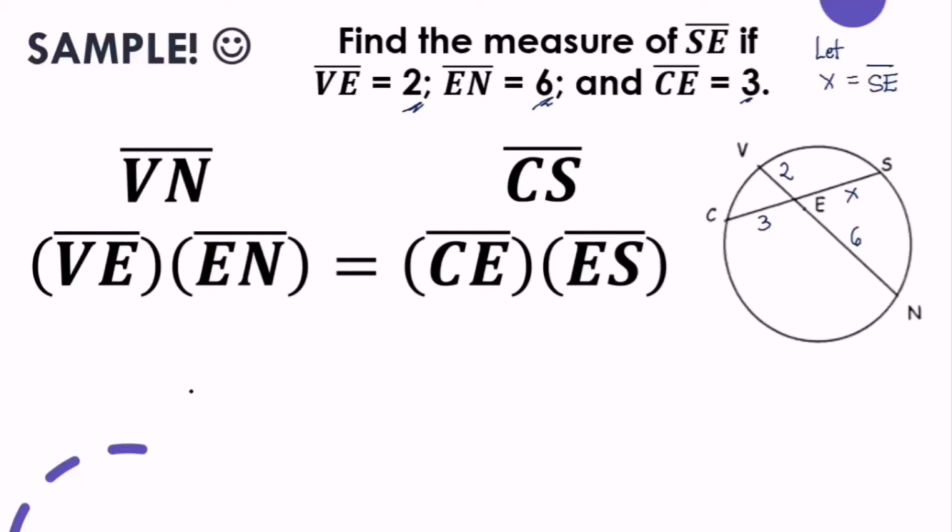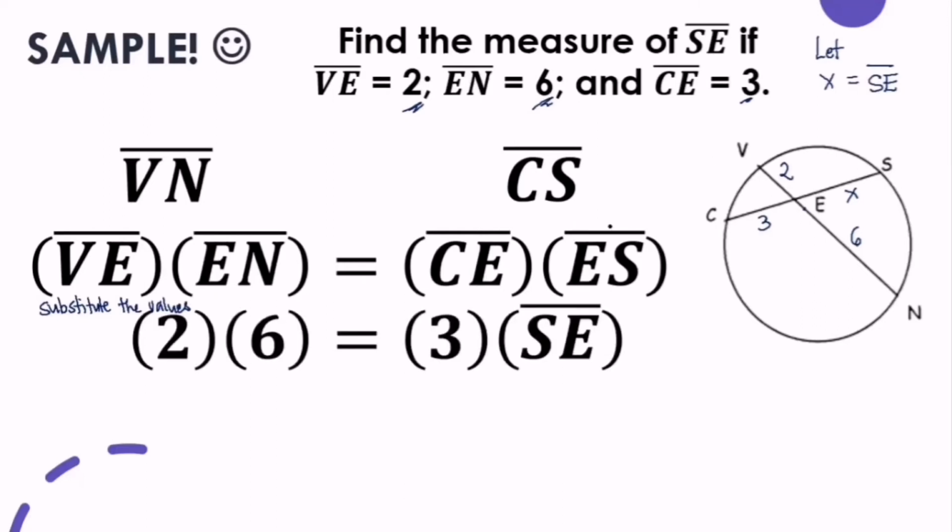Okay? Next, we're going to substitute the given values. So, let us write in here, substitute the values. So, we will have VE is 2, EN is 6, CE is 3, and then segment ES or segment SE.